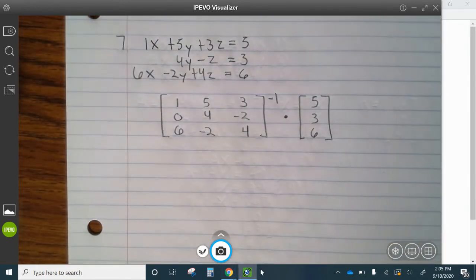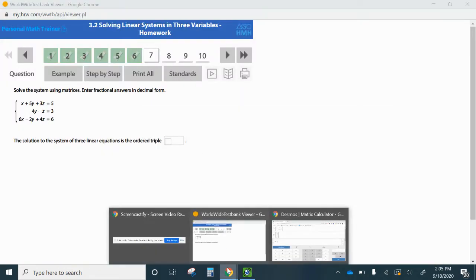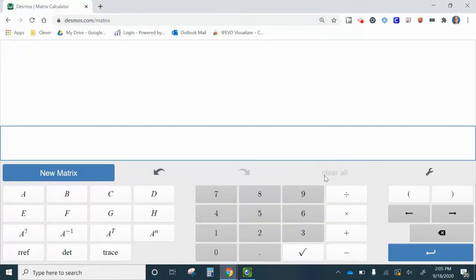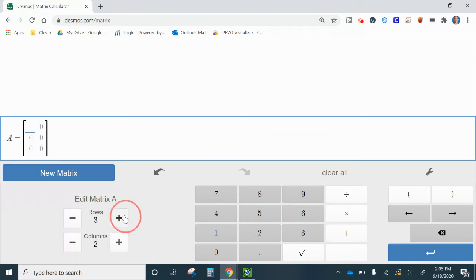Always make sure you're typing in the right number. 0, 4, -2, 6, -2, 4. Press enter. Now we need a new matrix. 3 by 1. B is 5, 3, 6.